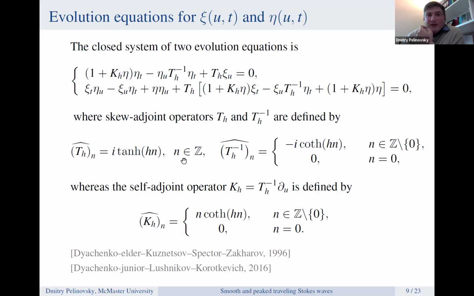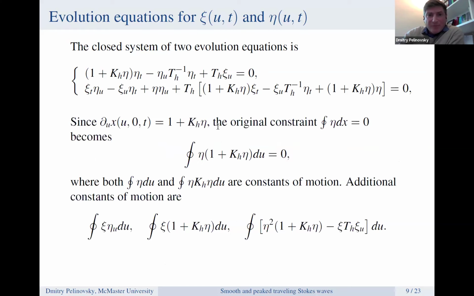Both operators are skew adjoint in L2 spaces, and with this inverse operator with a derivative, it becomes a self-adjoint operator, which is one of the most important operators of this water wave theory, with the Fourier symbol n coth. So here, of course, the equations are slightly more complicated, but still they can be analyzed.